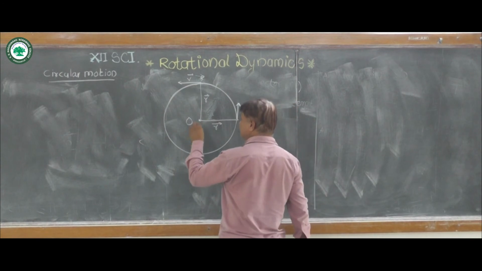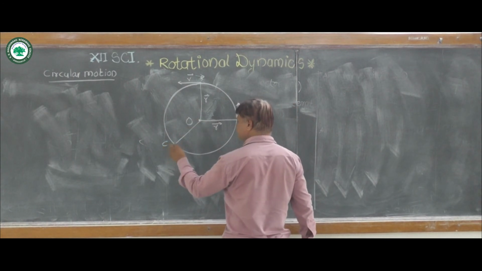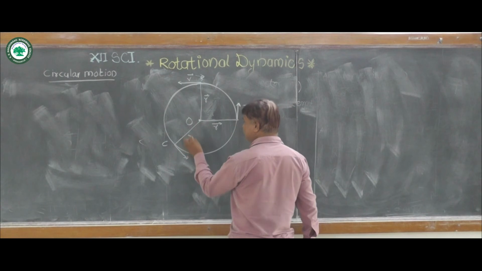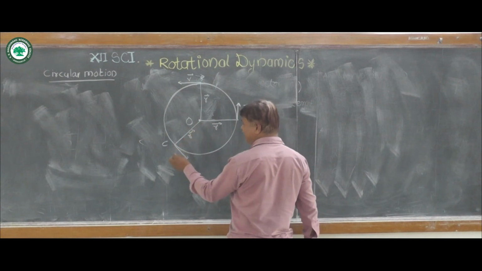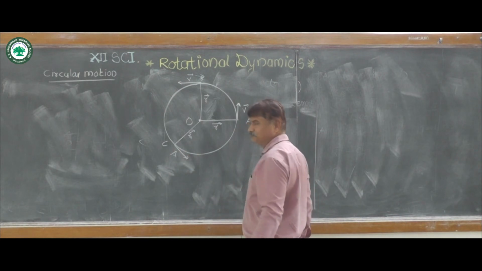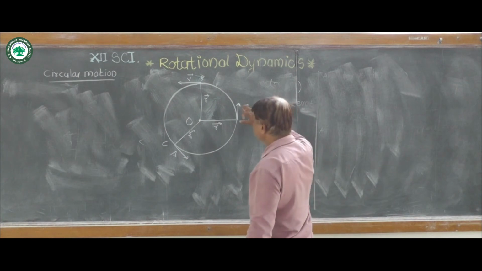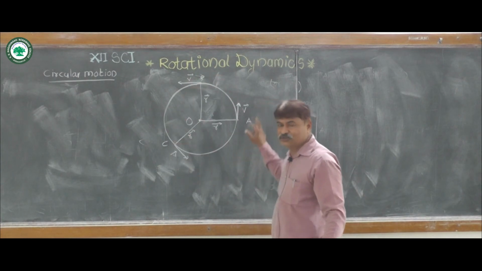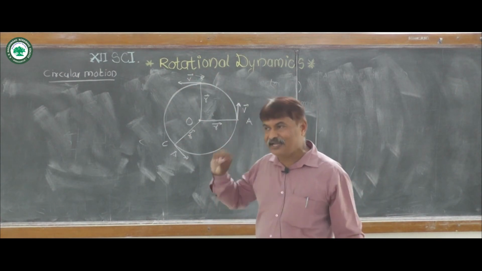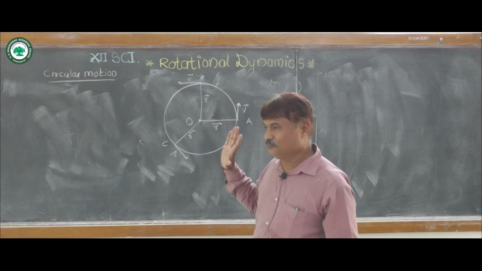If we consider another third point, say C, when the particle is at C, then R bar and V bar are perpendicular to each other. In that case, the direction of velocity continuously goes on changing, but the magnitude remains the same.